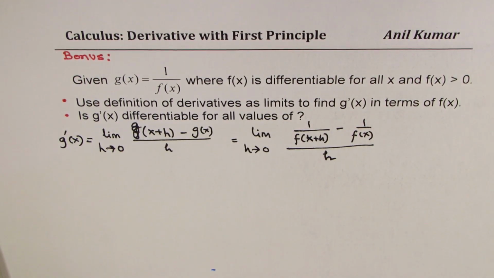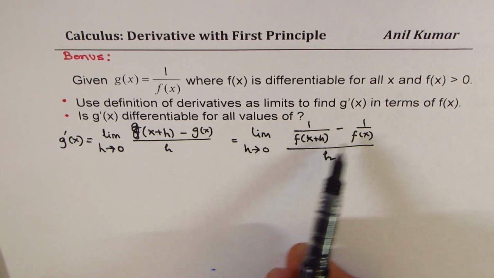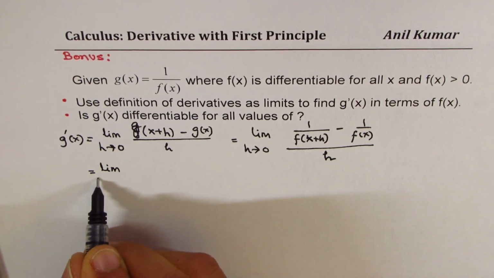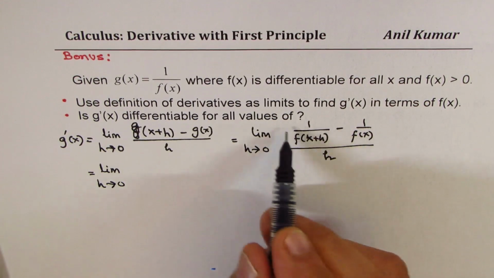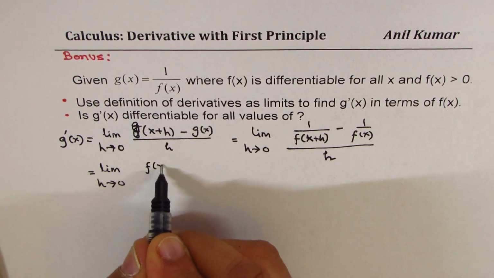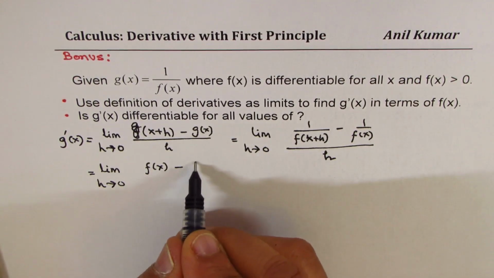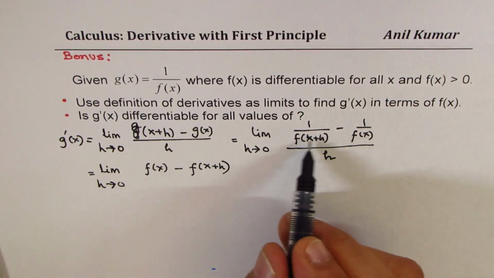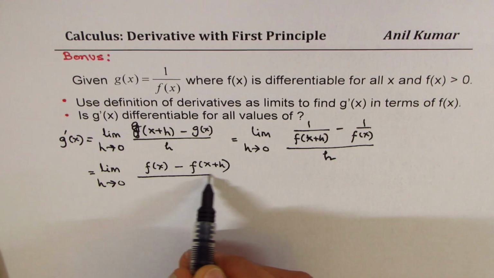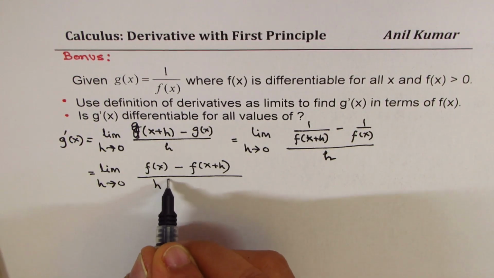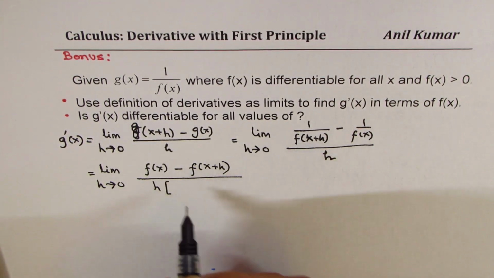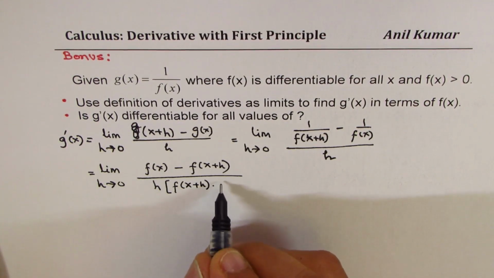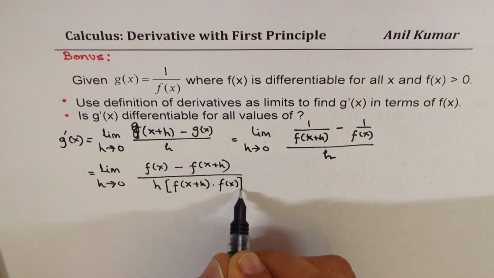Perfect. Okay, so let's cross multiply and rewrite. We could write this as the limit as h approaches 0. When you cross multiply, you get f of x minus f of x plus h in the numerator, and we write this product in the denominator, so h times, in a bracket, f of x plus h times f of x. Is that clear?